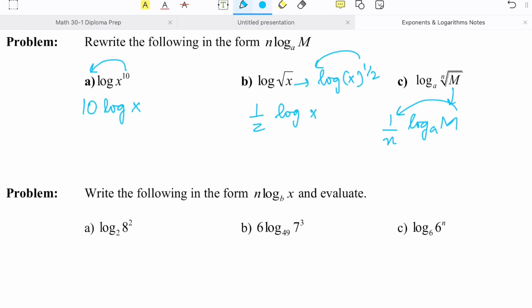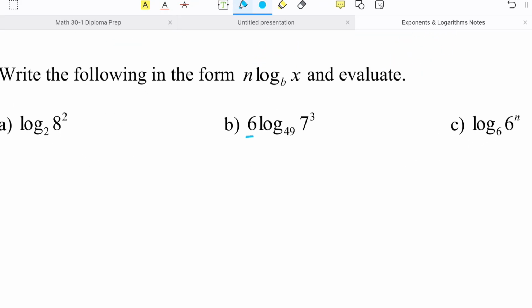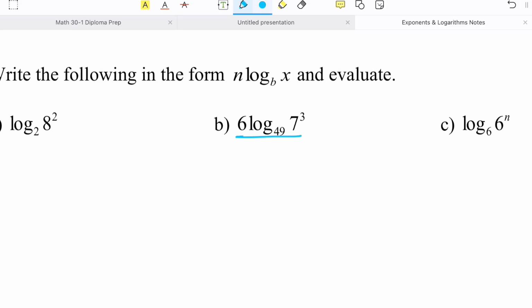Okay. Now, this question right here, when I have something like this, they want me to evaluate this. What I'll do is bump it. 6 times 3 is 18, log base 49 of 7.